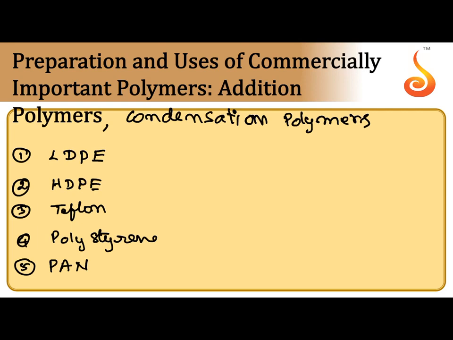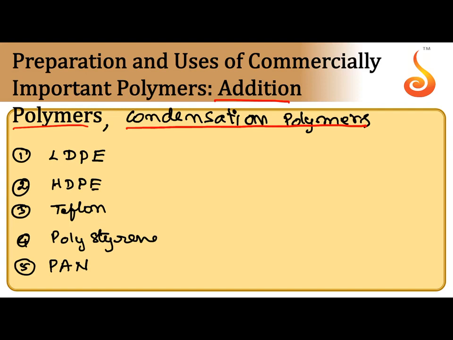Next, preparation, uses, and how to write the repeating unit of the polymer. Everything you can take from the NCERT textbook. The polymers may be addition polymers or condensation polymers. So what you have to do, children, please listen. You take one polymer and collect the monomer and repeating unit, that's all.